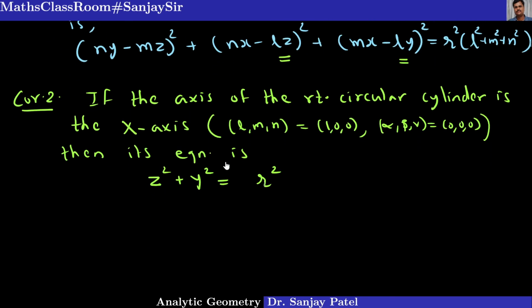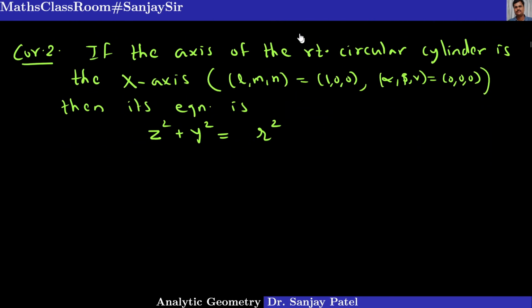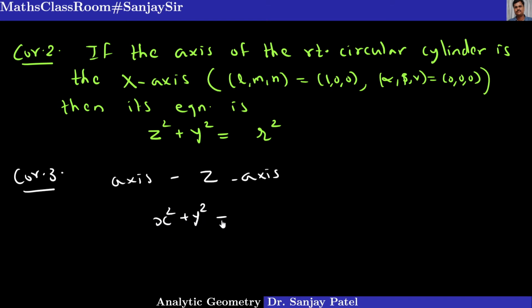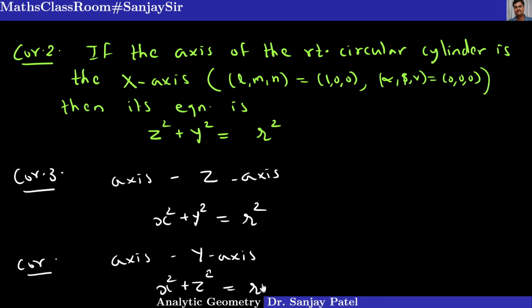And the same way you can write down the other two corollaries which follow from this equation. The equation of the right circular cylinder whose axis is the z-axis is given by x square plus y square is equal to r square, and the equation of the right circular cylinder whose axis is the y-axis is given by x square plus z square is equal to r square.